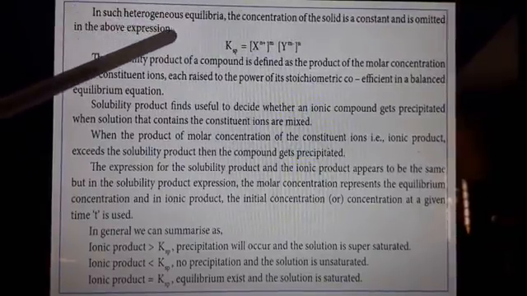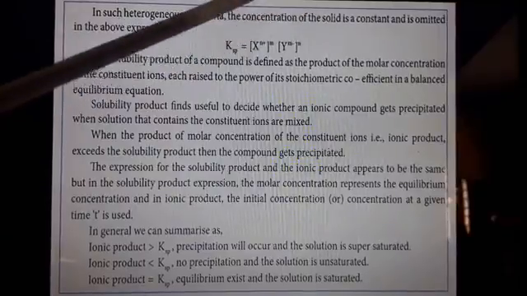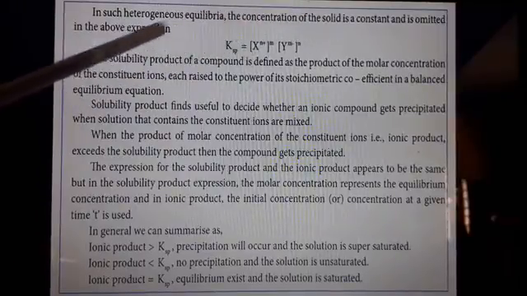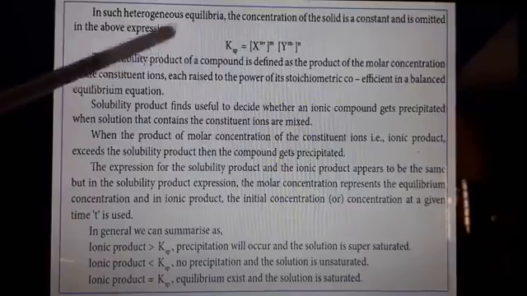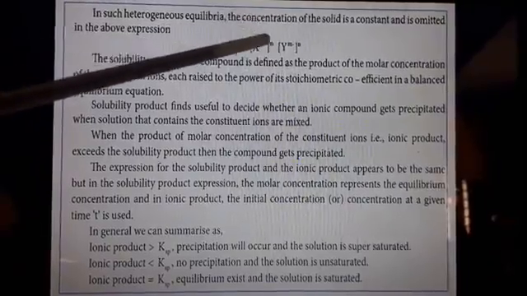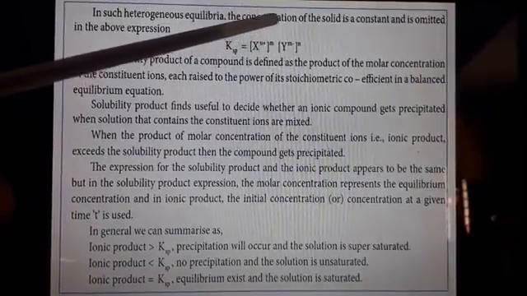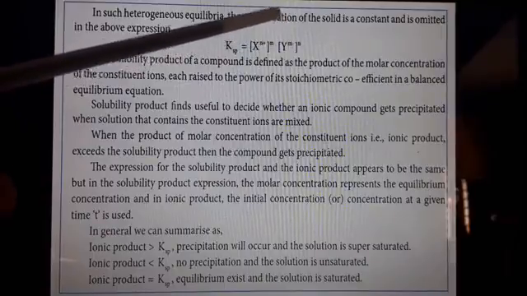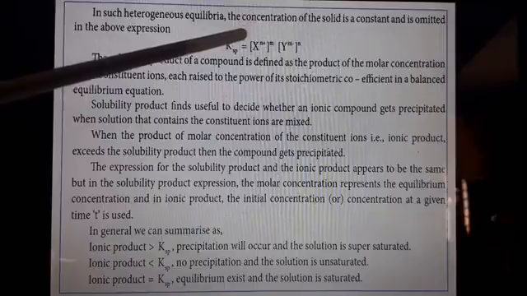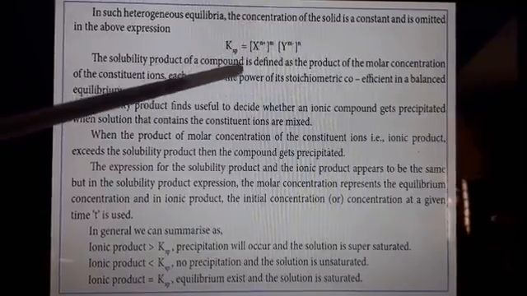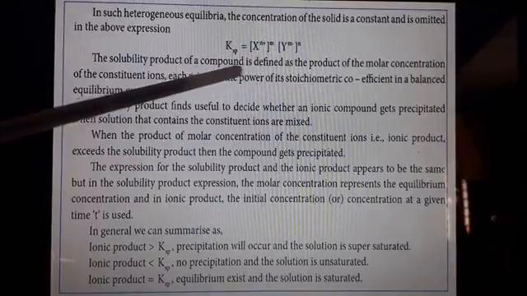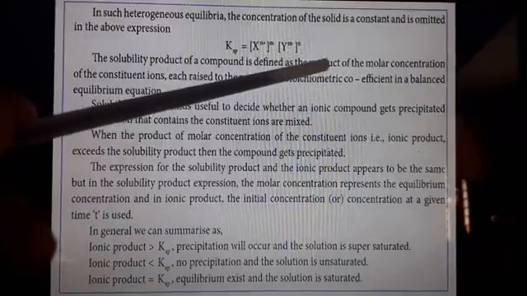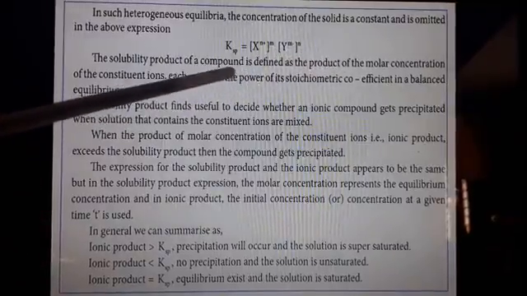The solubility product of the compound is defined as the product of the molar concentrations of the constituent ions in the solution, each raised to the power of its stoichiometric coefficient in the balanced equilibrium equation.